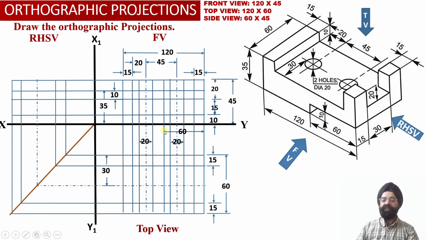So wherever we mark this distance of 60 millimeter, one vertical projector line we have obtained in the front view projections, and this projector line has been appropriately extended into the top view projection. Now by drawing this vertical projector line, we can see this is the rectangular slot which will be visible to the observer, as the observer is going to look at the solid from the front view side.